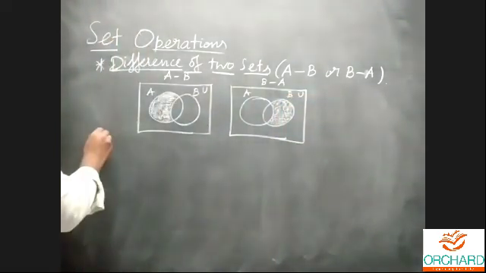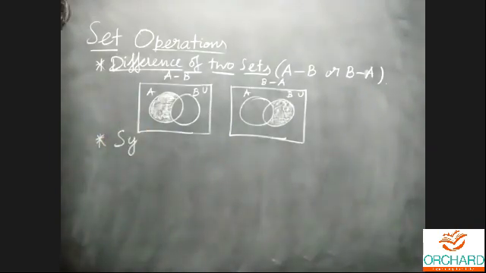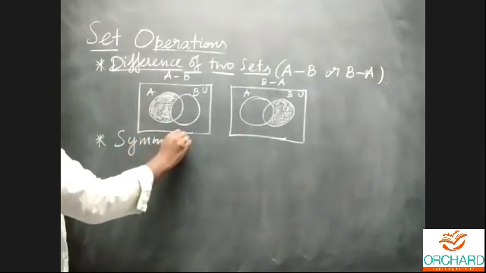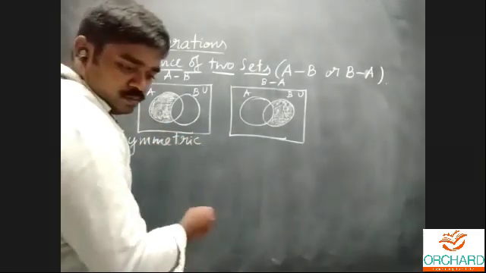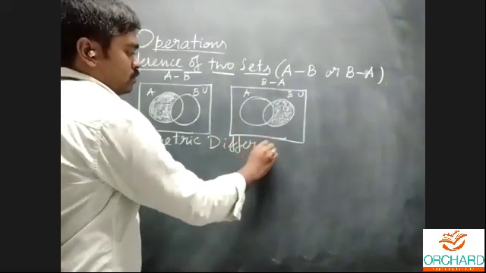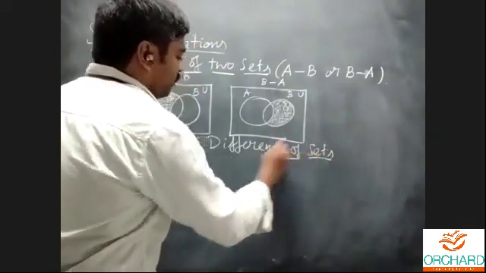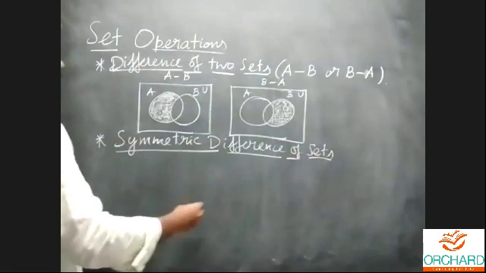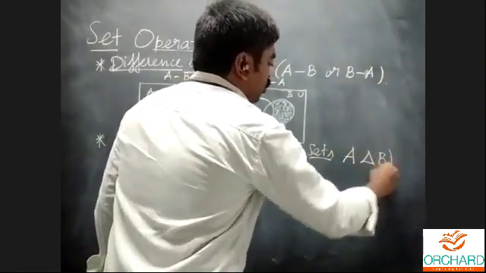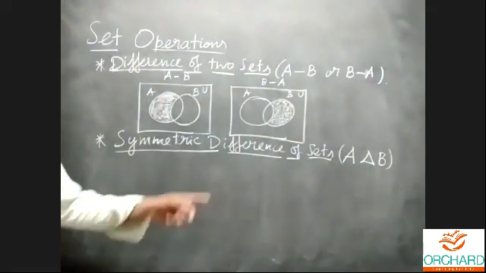Okay, next one is symmetric difference. Next slide is symmetric difference of the two sets. The symmetric difference is denoted by A symmetric difference B. Don't read as A triangle B. What's the name of the symbol?